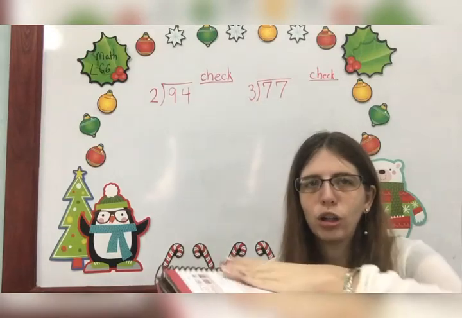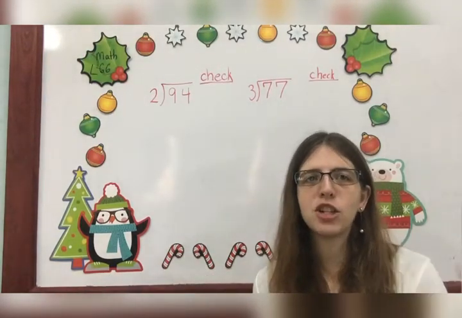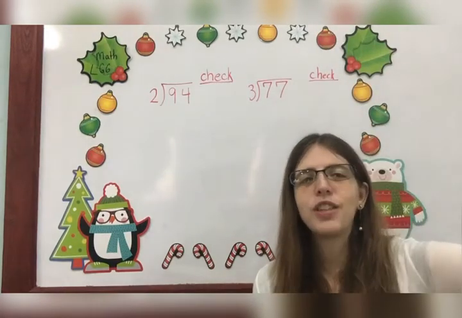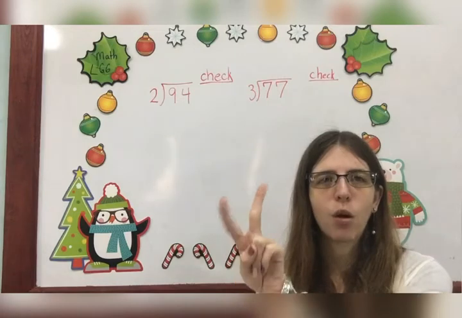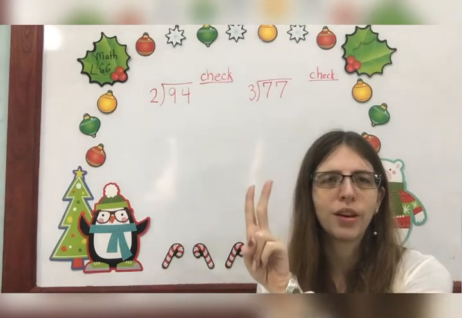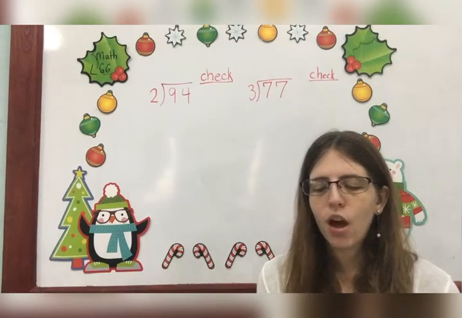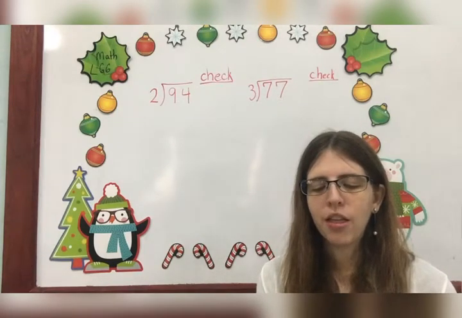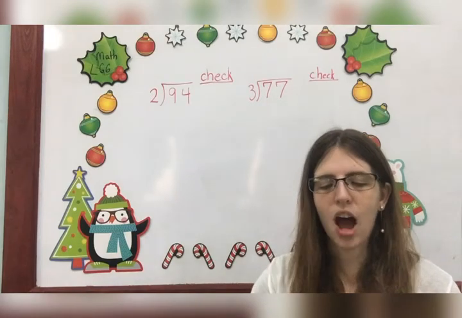Length, how long something is. Capacity just means how much will go inside. So that's measuring things that are liquid and things that are dry. So things like water and juice, or things like fruits and vegetables. That's your capacity.